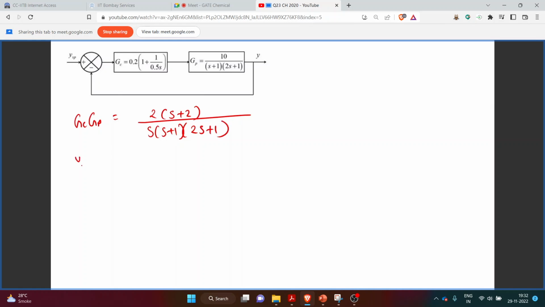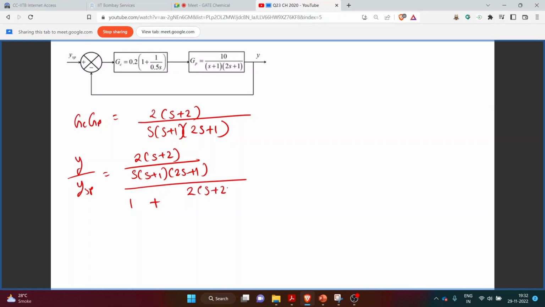Now the transfer function of the entire system will be Y upon YSP is equal to GCGP upon 1 plus GCGP, that is G star.